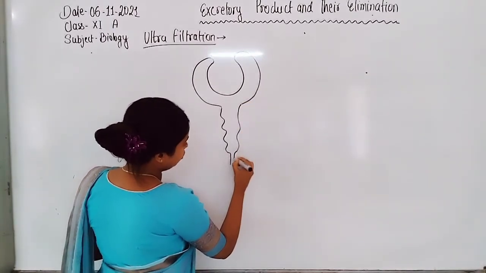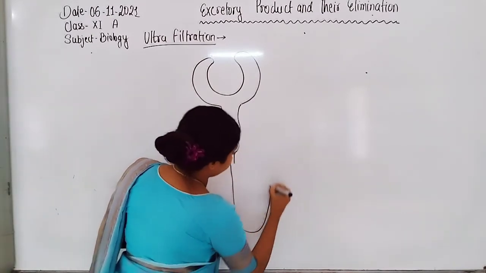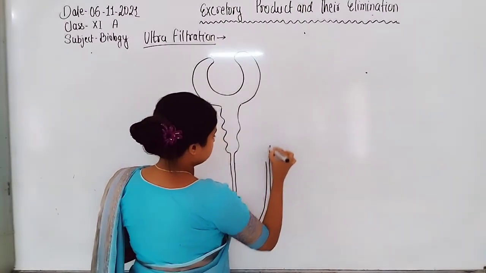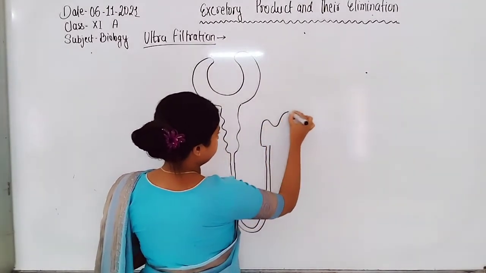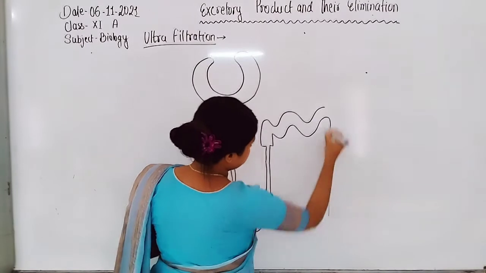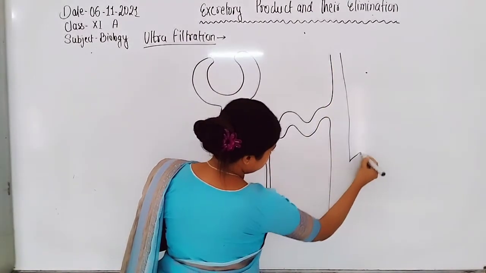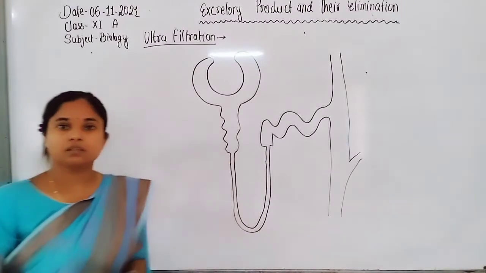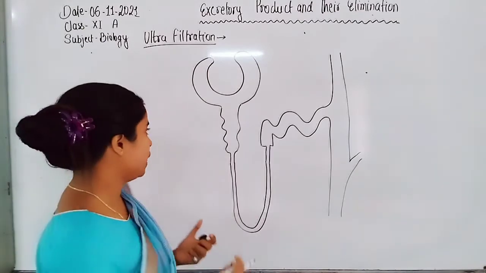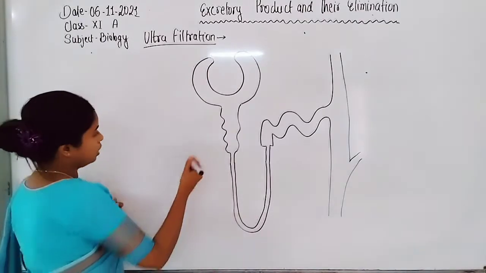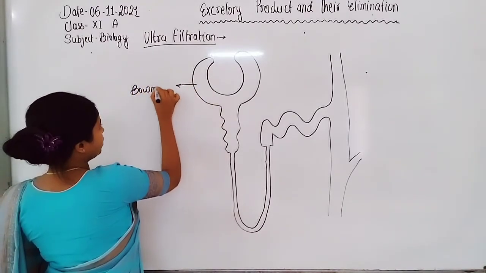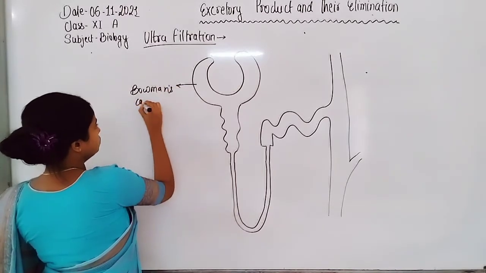So this is the structure of the nephron, which is formed by different parts. The parts of the nephron are the Bowman capsule.